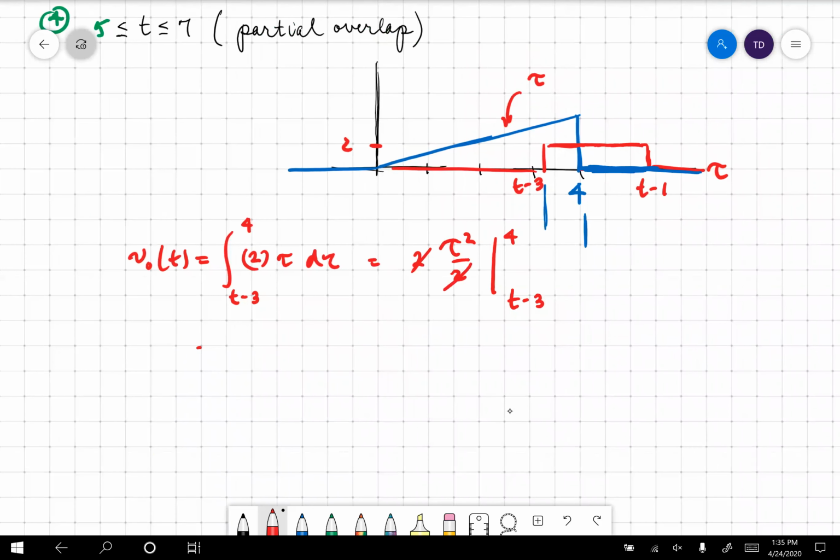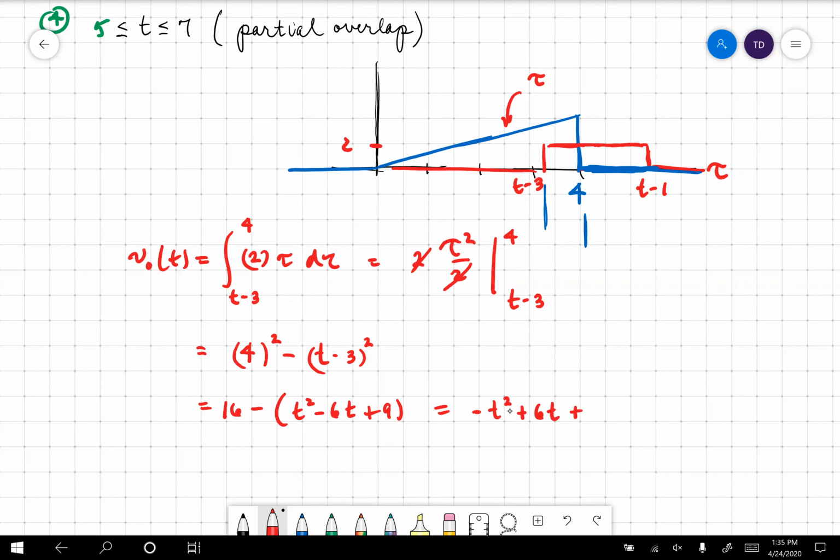So that's going to be equal to 4 squared minus t minus 3 squared equals 16 minus t squared minus 6t plus 9 equals minus t squared plus 6t, and then 16 minus 9, plus 7.